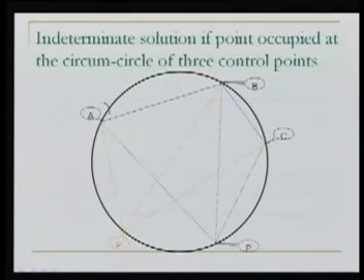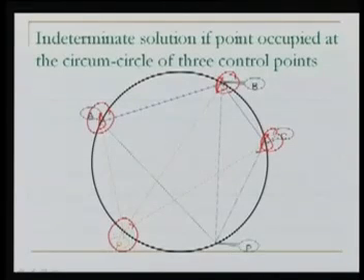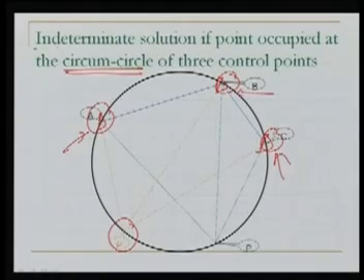Resection means we are doing the orientation as well as finding where we are on the plane table. Now all of these methods will fail if, as we can see here, these are A, B and C, the points on the ground, and the point where we are occupying lies on the circumcircle passing through these three control points. Then the method fails or becomes indeterminate.